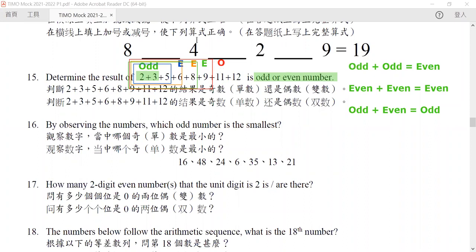Then if we add our 11, an odd number, to another odd number, it becomes even. And finally, because it is an even number added to another even number, our answer for this question is an even number.